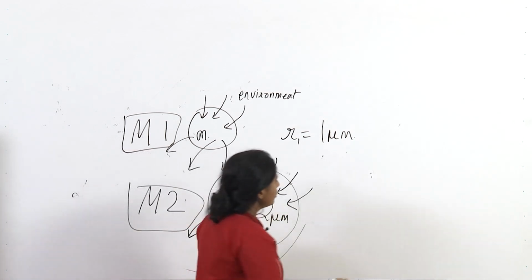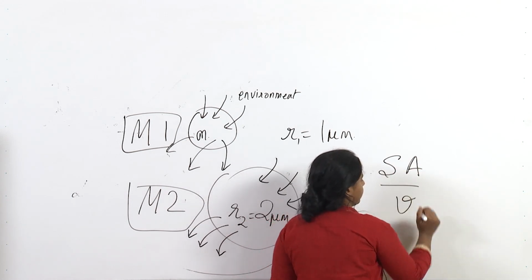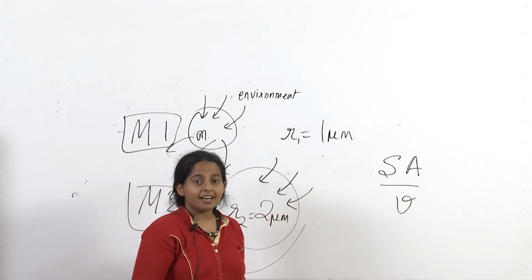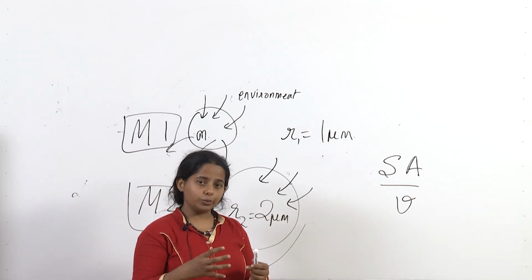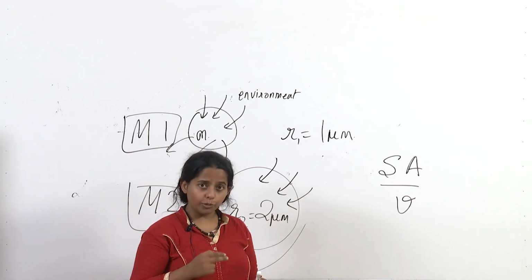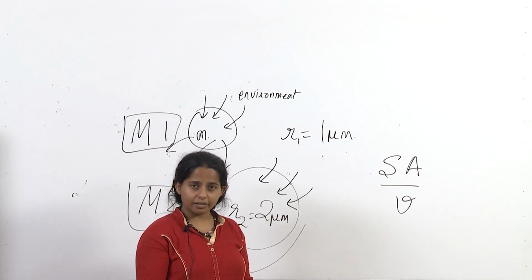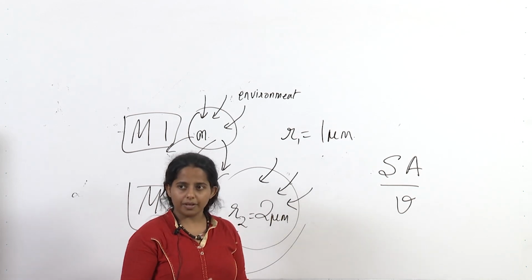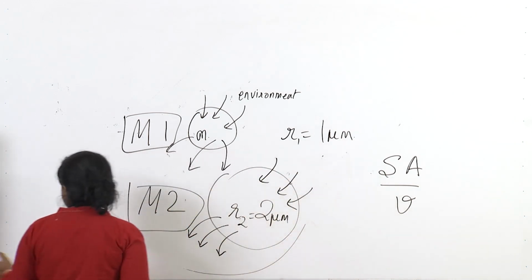So we use a ratio called surface area to volume ratio. Any cell that has a higher surface area to volume ratio for its volume has more surface area, more prospect to share information, share nutrients and messages and receive them. So let's calculate the surface area to volume ratio for both of the microbes.